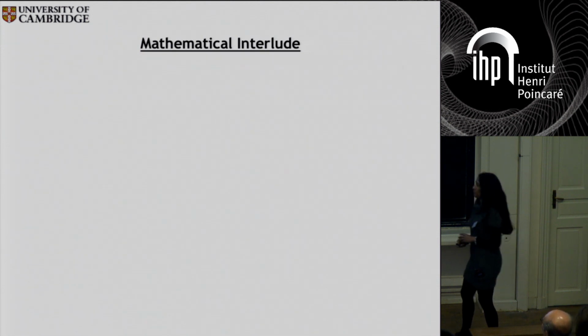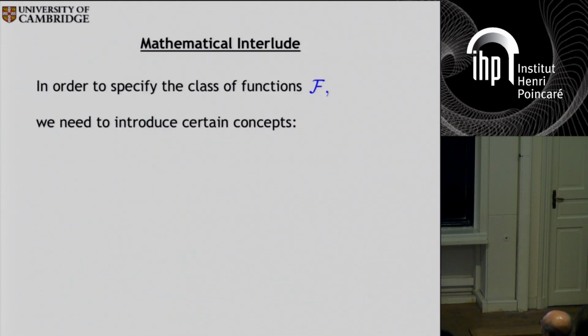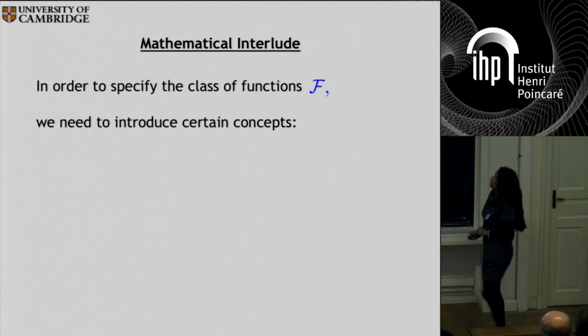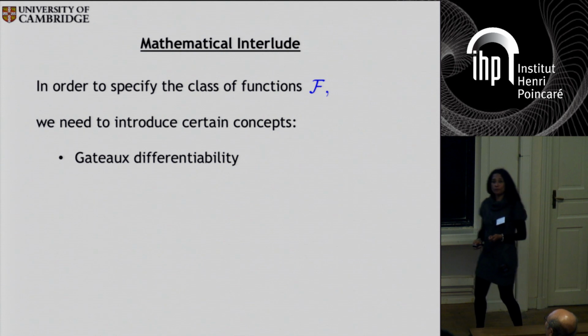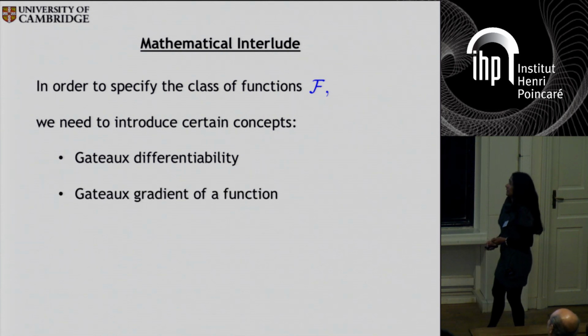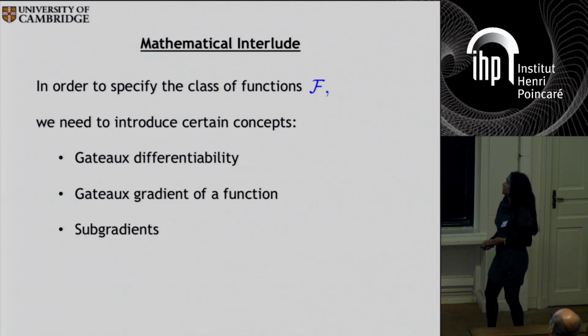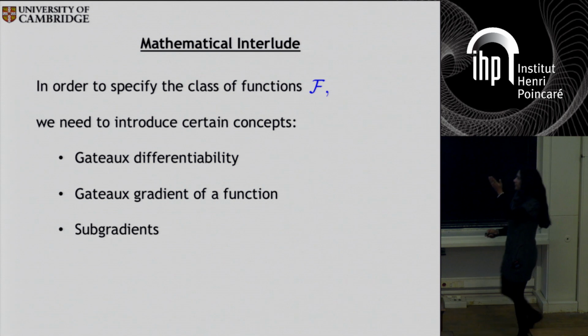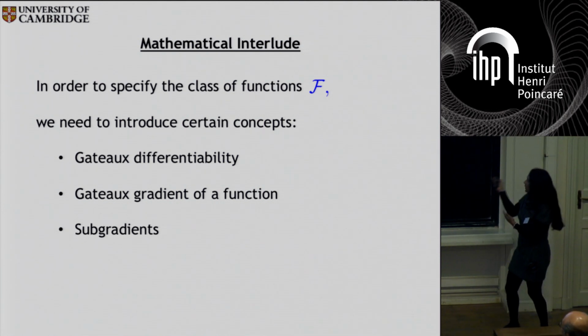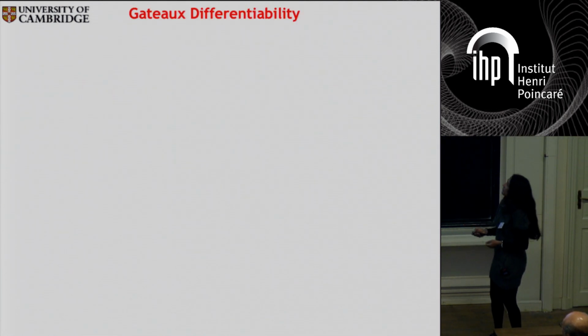In order to prove this, we need a few things. To specify the class of functions, we need to introduce certain concepts. First is that of Gateaux-differentiability, the Gateaux gradient of a function, and the concept of subgradients. I was also going to talk about Fermat's rule itself, but I thought I wouldn't have the time. If I do, I'll do it on the blackboard.